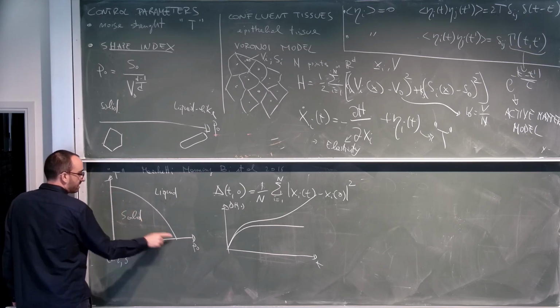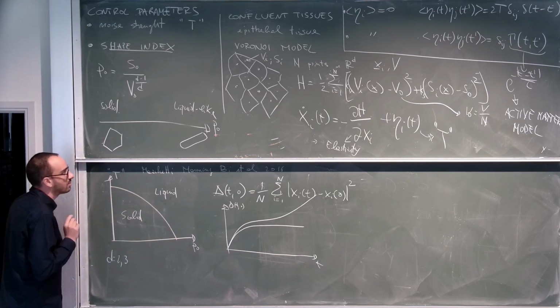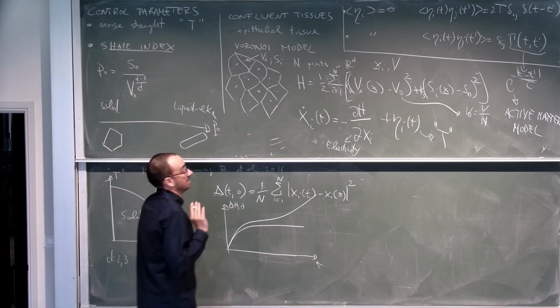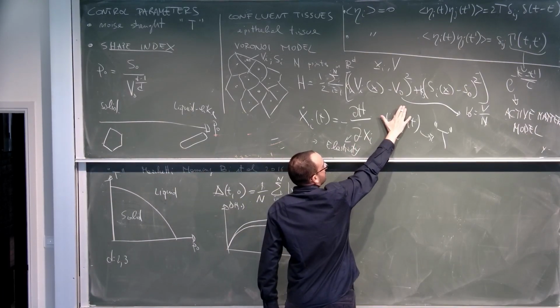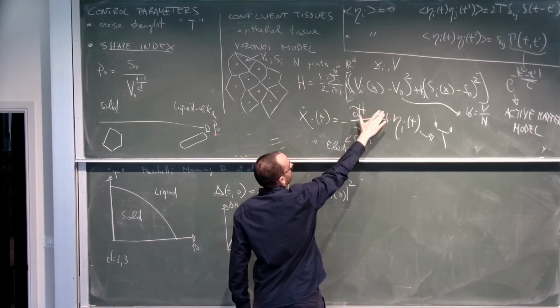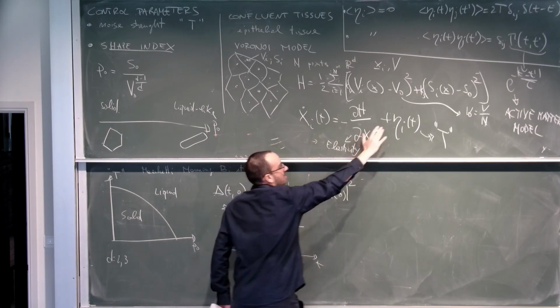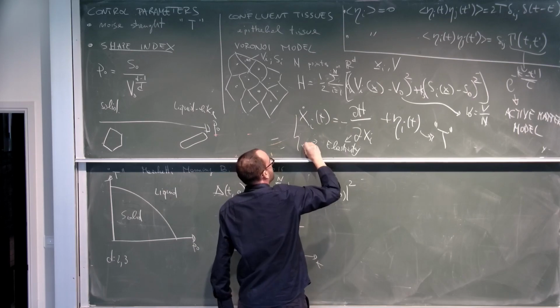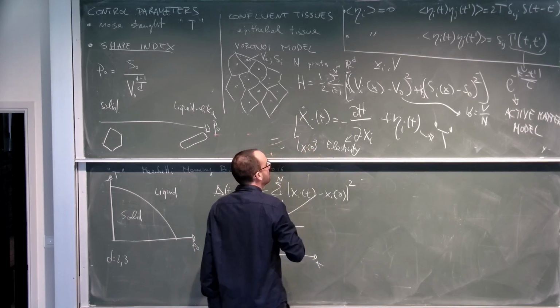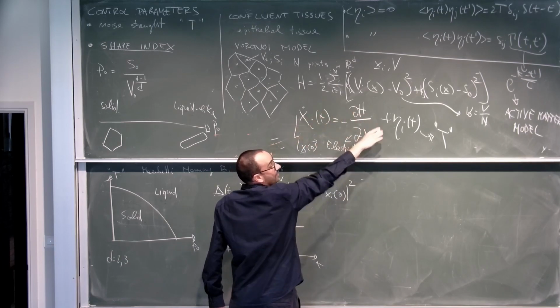So you see this line, it goes up to T equal to 0. What I mean by T equal to 0 is a specific thing: I switch off this noise term and I start from a random configuration and I do some gradient descent. So I initialize xi at time 0 at random, and I look at what happens at the end of this dynamics.